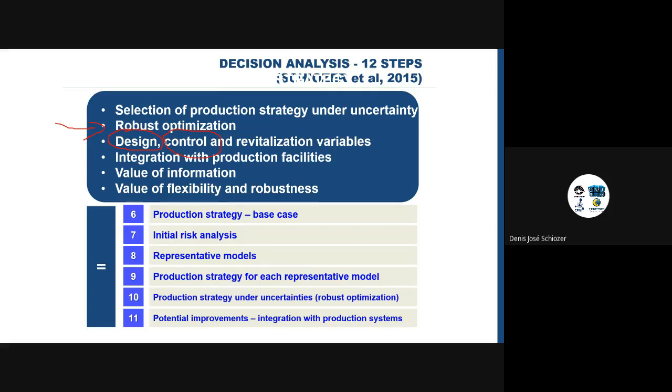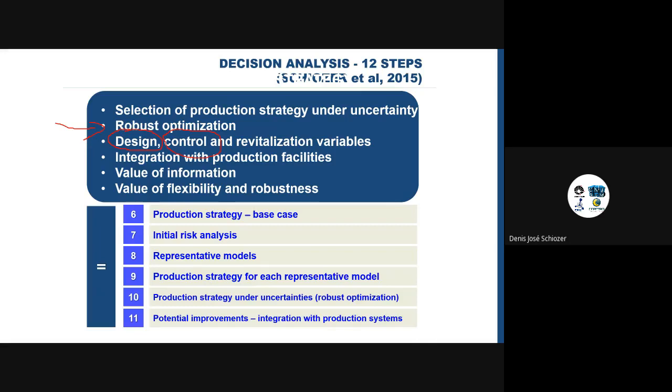But the revitalization variables are different because they require additional investment. For example, if you're going to have an infill, change a well from producer to injector, or recomplete a well, these things require stopping production and additional investment and so on. So the decisions are a little bit more complex than the other ones.